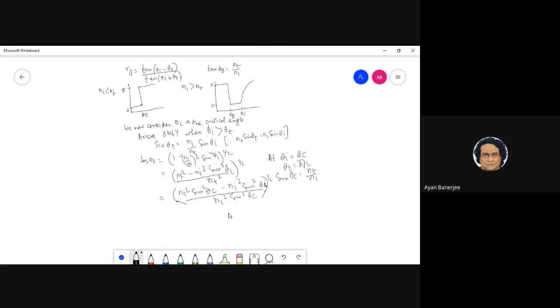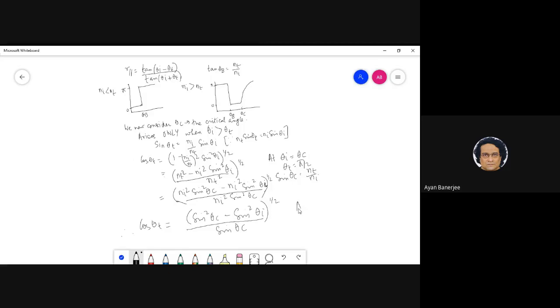Right, so then I get this as nothing but sine square theta c minus sine square theta I, half, by sine theta c. And this is equal to cos theta t.